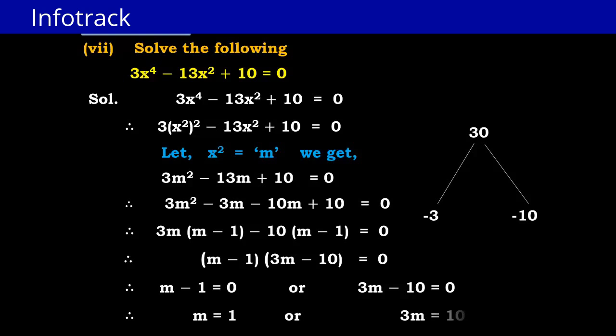Therefore m is equals to 1 or 3m is equals to 10. That means we have m is equals to 1 or m is equals to 10 upon 3. See, this is the value of m, but we have to find x.